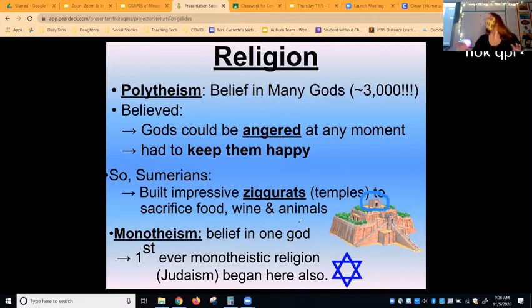Also important in this area, and remember we're just doing a summary today, is that they were polytheistic. However, monotheism also began in Mesopotamia. Monotheism, we know, is the belief in one god or goddess. The first ever monotheistic religion, Judaism, began in Mesopotamia also, and this is the symbol of Judaism, the Star of David.